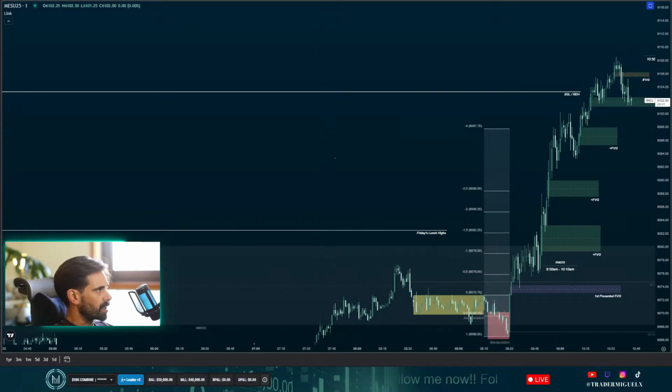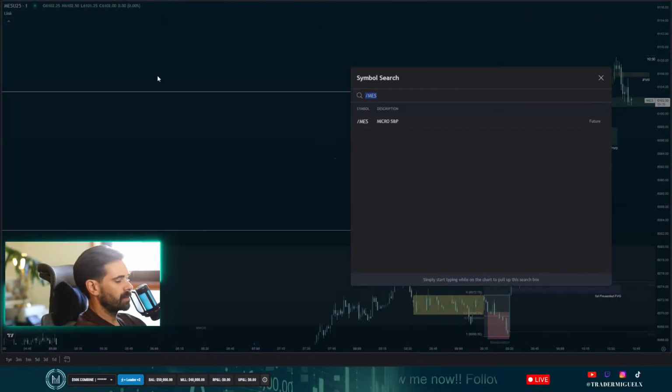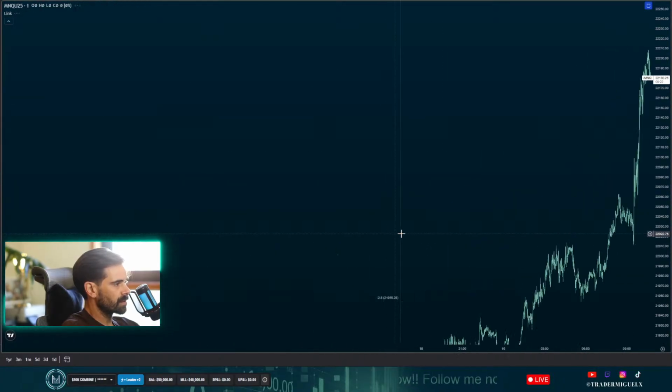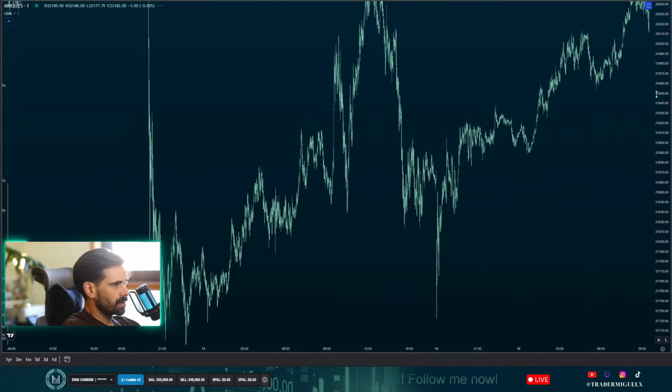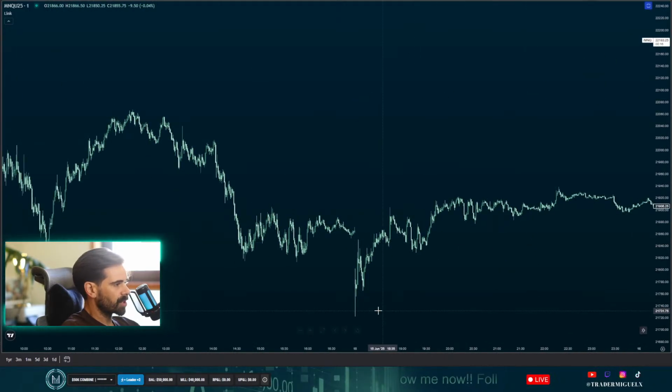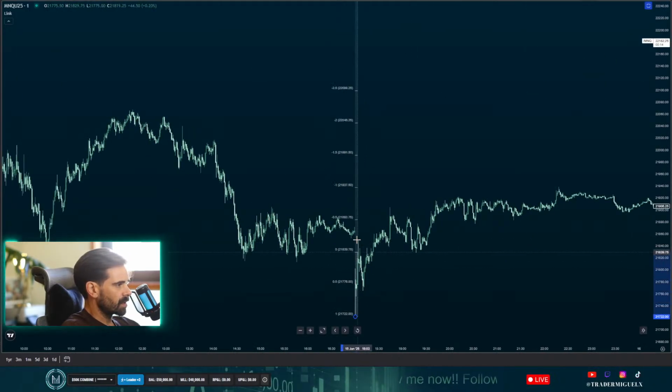Let me just check NQ to see where it is. Micro NQ on the projection. Just a quick projection here just to see what it can still really do with ES.